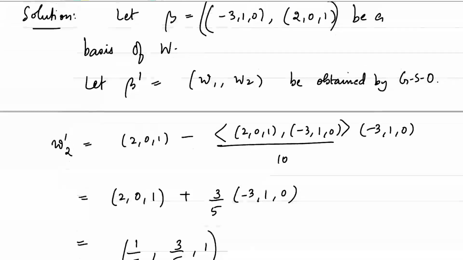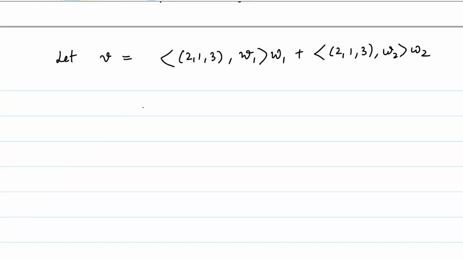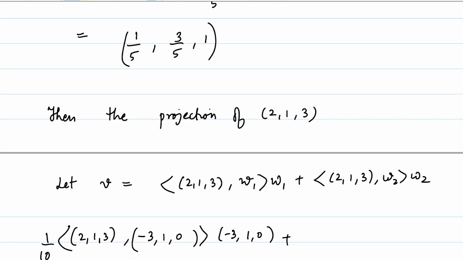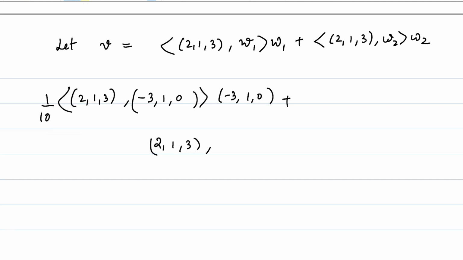So here the first vector is (-3, 1, 0), so this is going to be (-3, 1, 0), the inner product of (2, 1, 3) with this, times (-3, 1, 0). The normalization has to take place. Let me write it here, 1 by 10 plus (2, 1, 3), and what was the new vector that we got? (1/5, 3/5, 1).